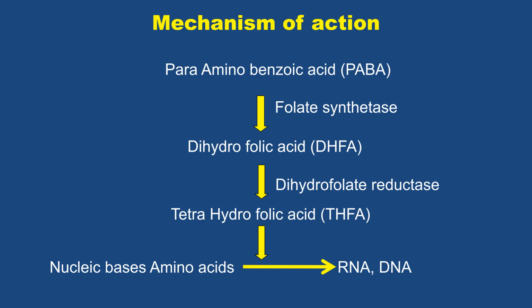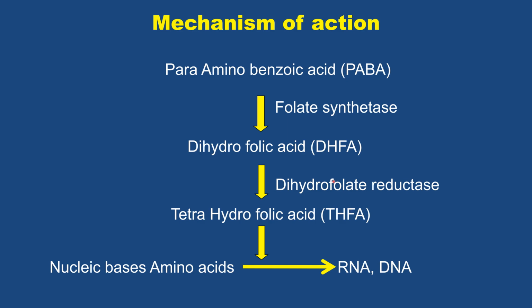Here we can see para-aminobenzoic acid or PABA, in the presence of the folate synthetase enzyme, which is a rate limiting enzyme, forms dihydrofolic acid, and dihydrofolic acid in the presence of dihydrofolate reductase enzyme gets converted to tetrahydrofolic acid, which helps in formation of DNA and in multiplication of bacteria.